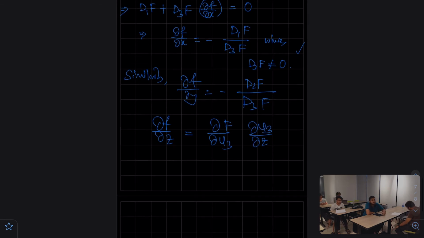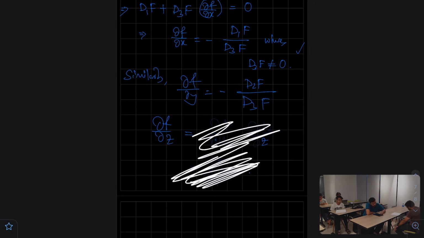That's actually not going to give you anything. If you define z equal to a function of xy, that's 1. But it's not really going to give us anything, so we're not going to write it.